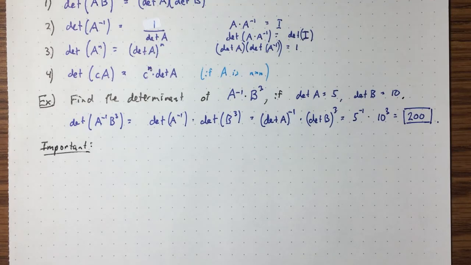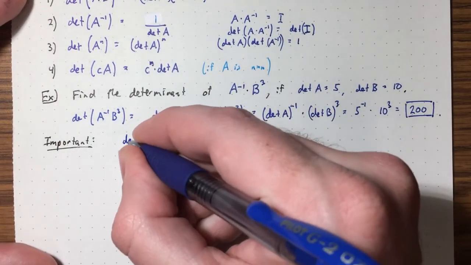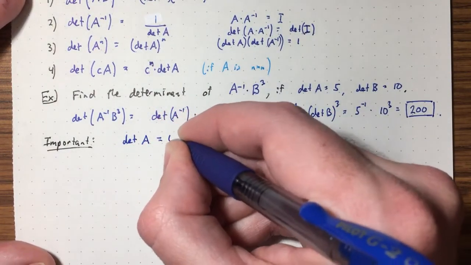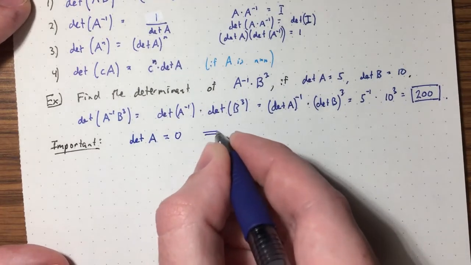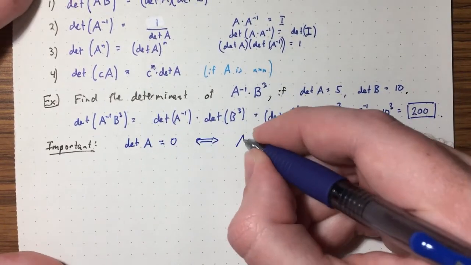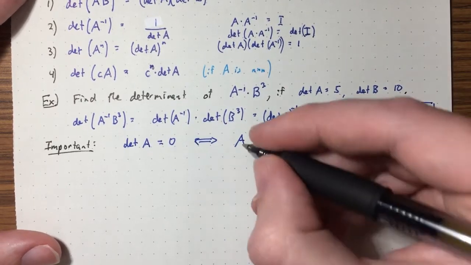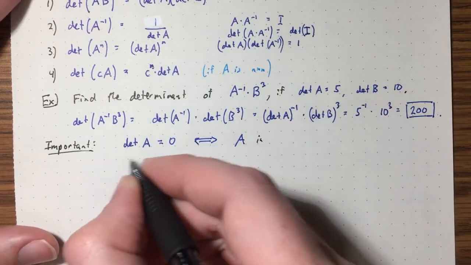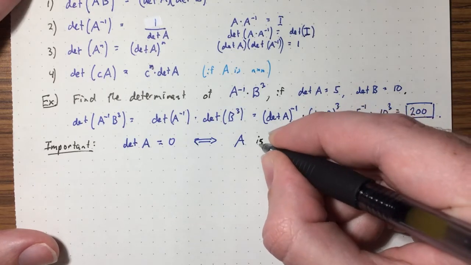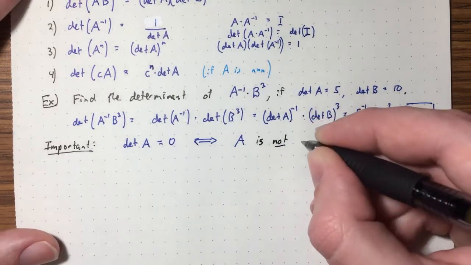But probably the most important thing is, what does it mean for the determinant to be 0? We already kind of discussed it. In general, it means that the transformation is not invertible. You can't do it in reverse because there's some collapsing down. So this matrix A is not invertible.